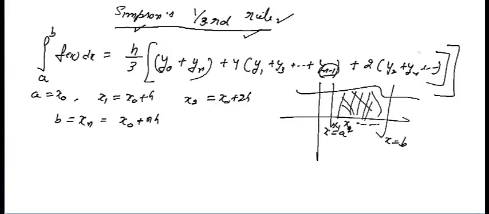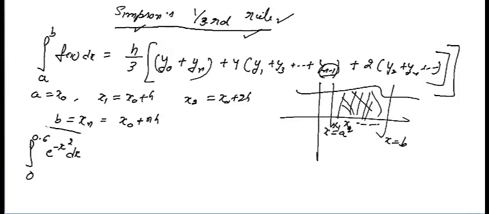Let's start with the question. Find the integration from 0 to 0.6 of e raised to power minus x square dx.